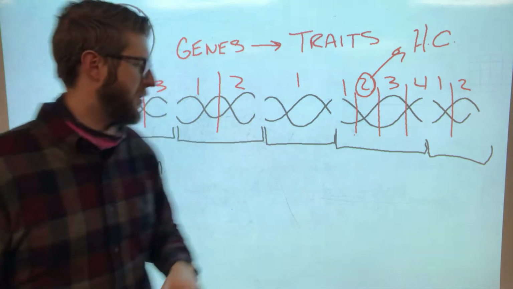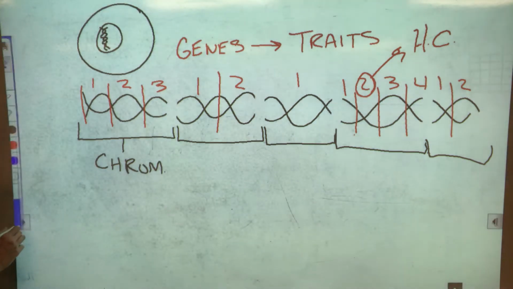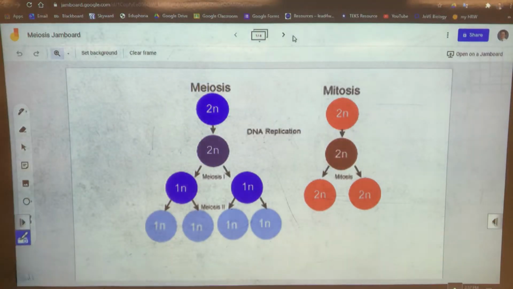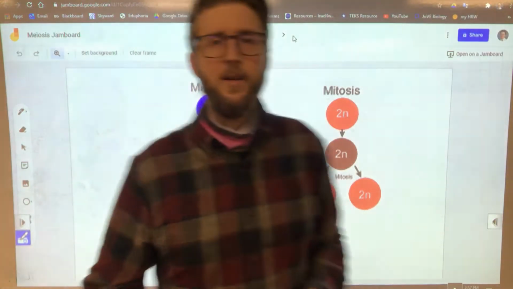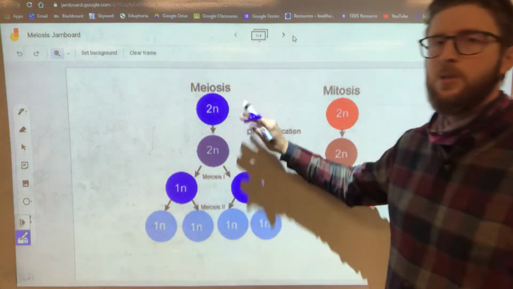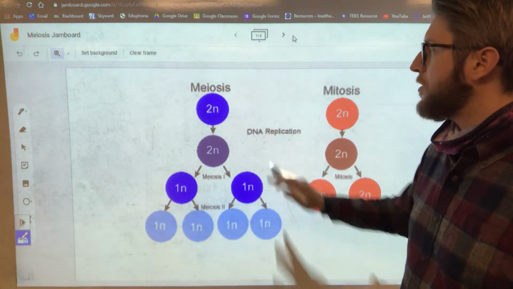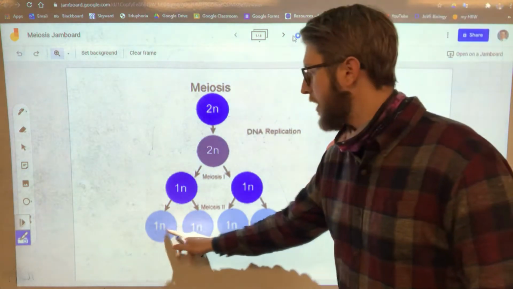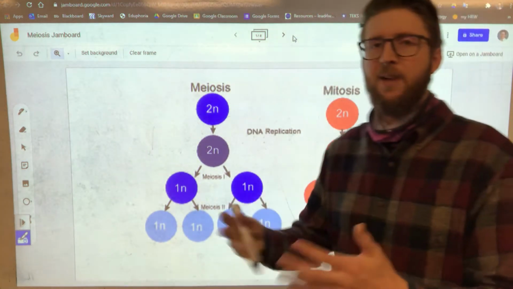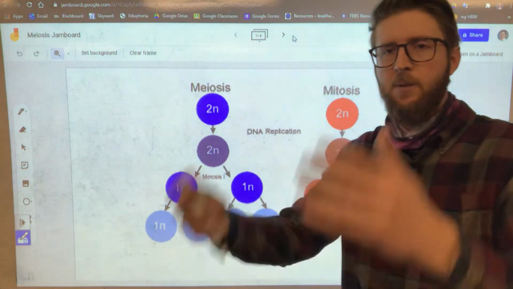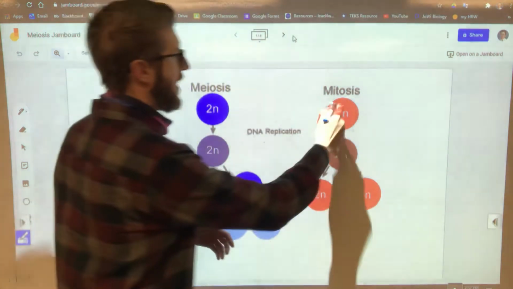So meiosis is a process that your body uses to create cells that have half the number of chromosomes that they normally do. Now in the past we've talked about mitosis over here.